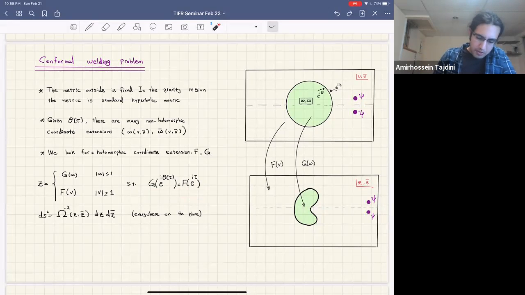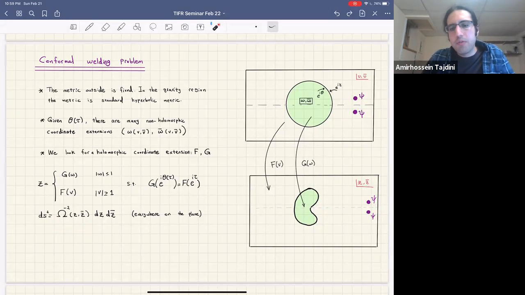basically these conditions. And the advantage is if you can find them, then you can see that the metric everywhere in the z-plane can be written as some conformally flat metric. So this will be true everywhere in the z-plane. And once we have this type of metric, we know how to calculate the stress tensor.